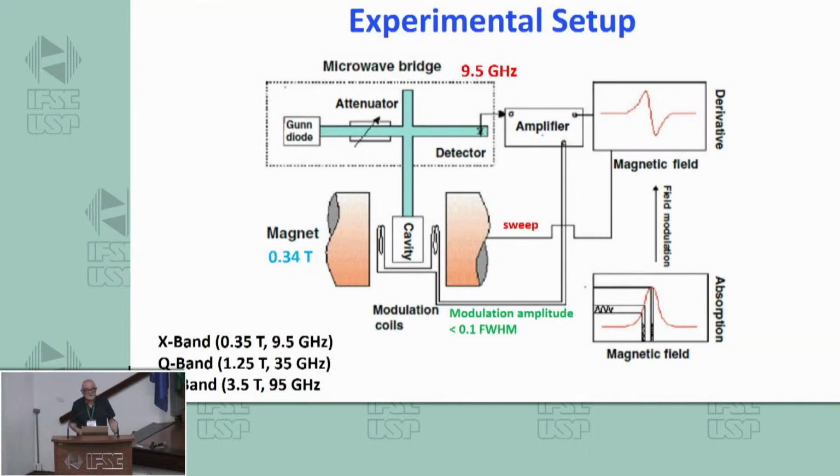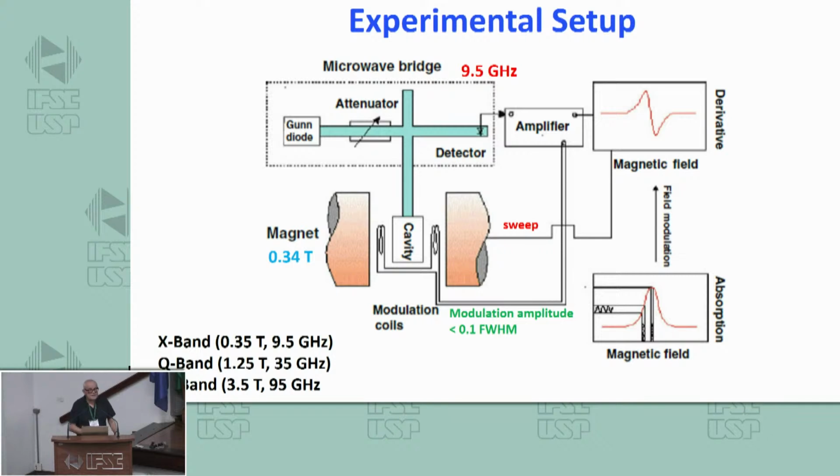And the experimental setup is shown over here in a simplified picture. We have a microwave source, typically a semiconducting device, that reaches the detector, and the current of the detector is continuously monitored. There's also this connection to the sample. The sample sits in a cavity.